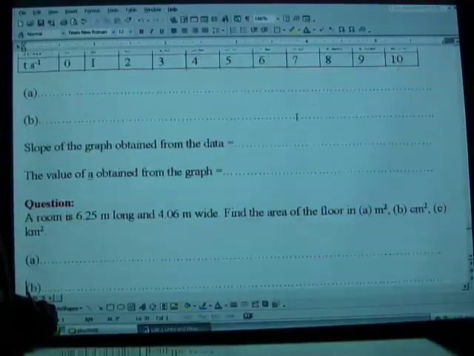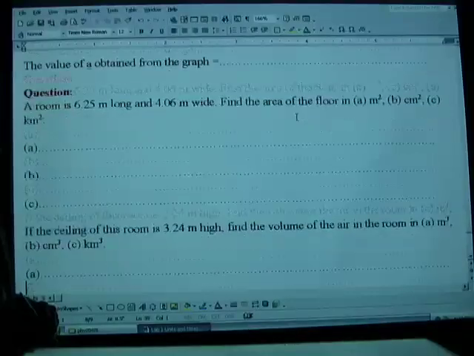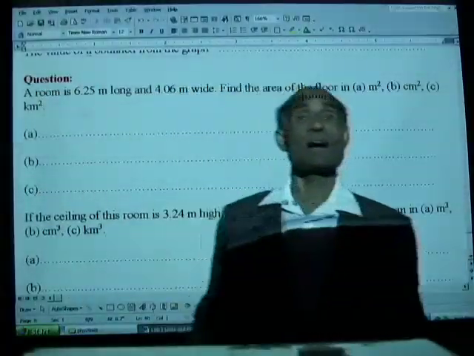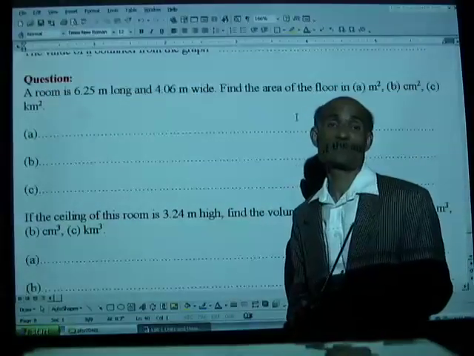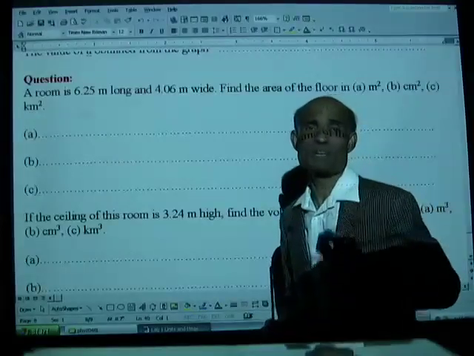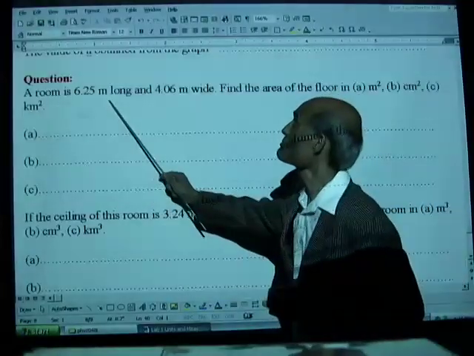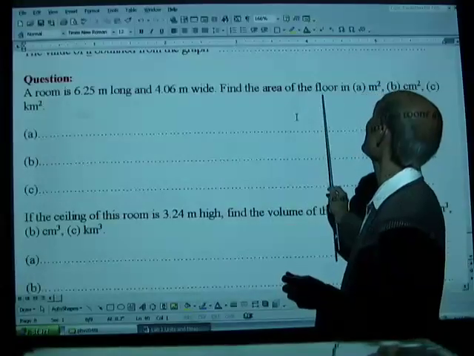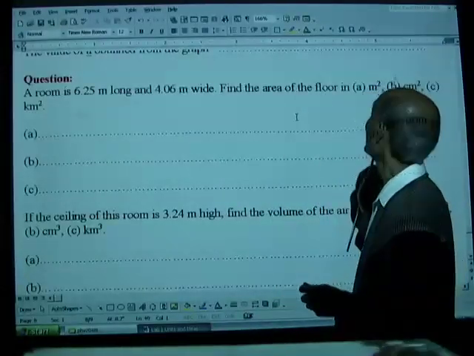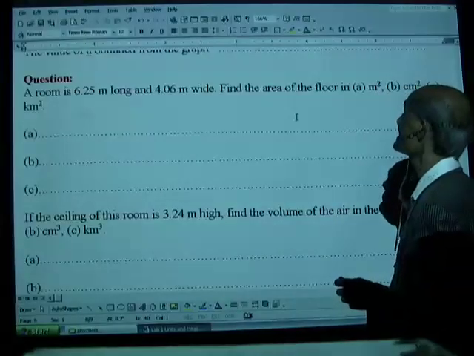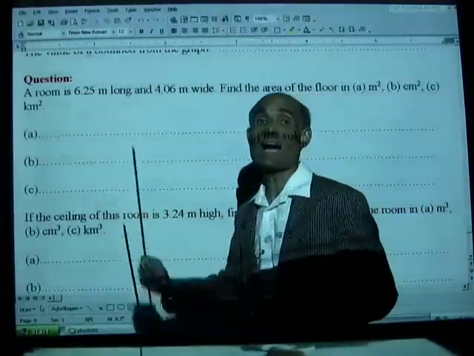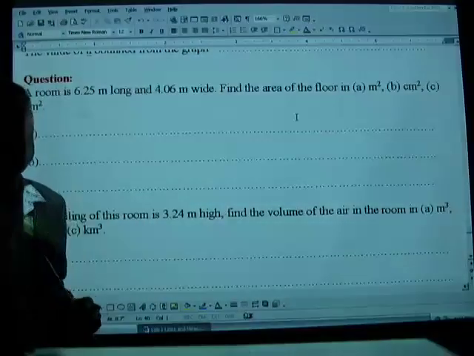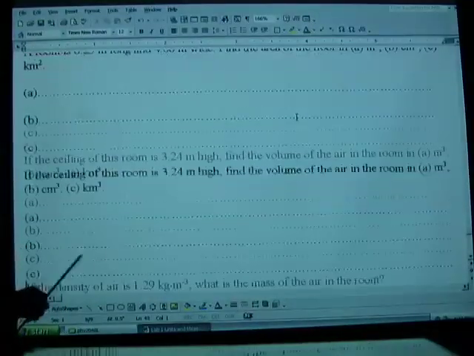Alright. And now, to end this lab, I have given you an exercise. A very simple exercise. A room is 6.25 meter long, 4.06 meter wide. Find the area of the floor in meter squared, centimeter squared, and in kilometer squared. We have practiced all that.